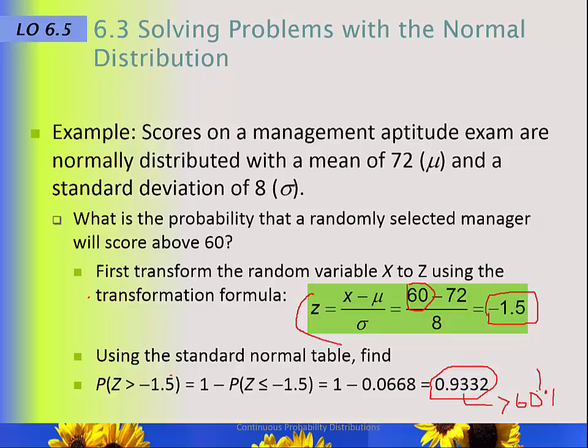Or it shouldn't be a percentage, actually. So a 93.32% chance that our manager would score a 60 or greater on the test.